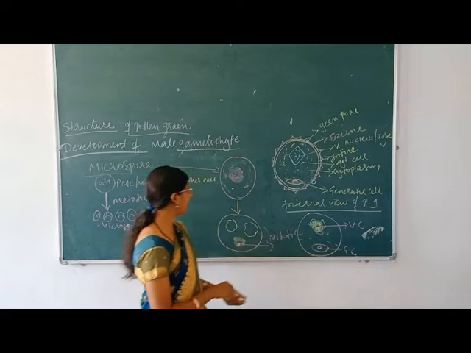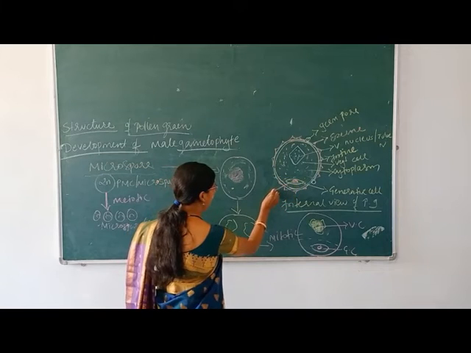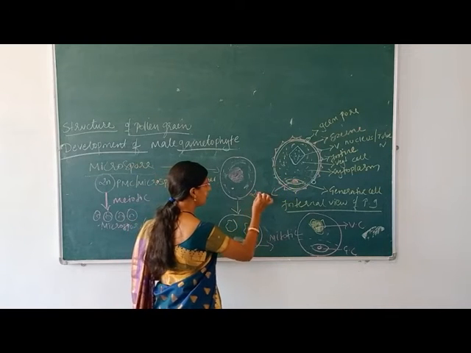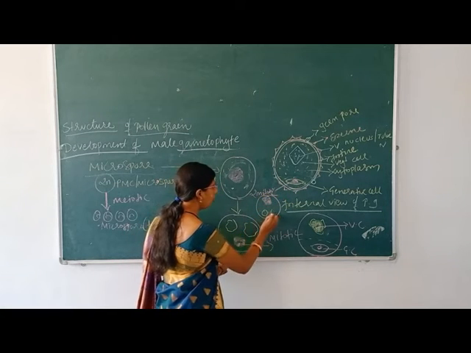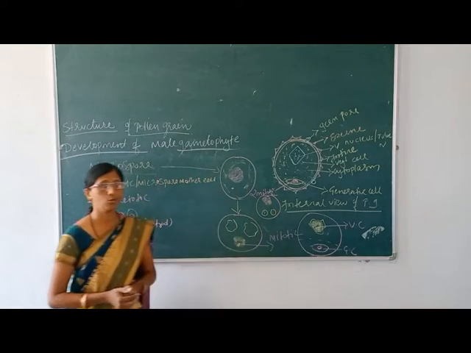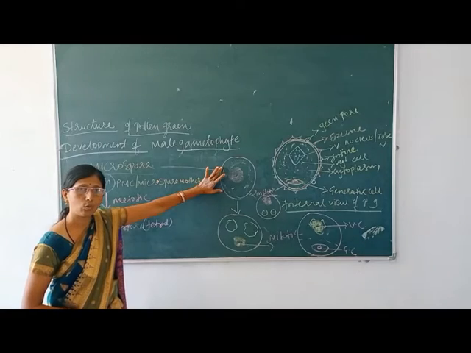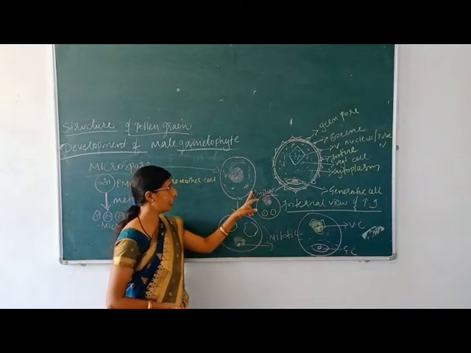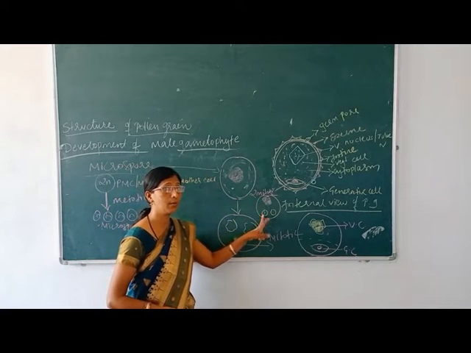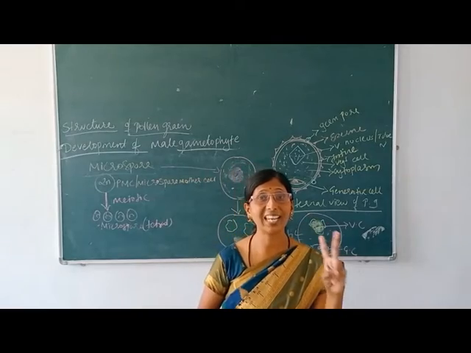And this generative cell again undergoes a second mitotic division to form the two male gametes. This is the microspore which is haploid in number, which undergoes first and second mitotic division to form the two male sperms. From the one microspore there is a formation of two male gametes.